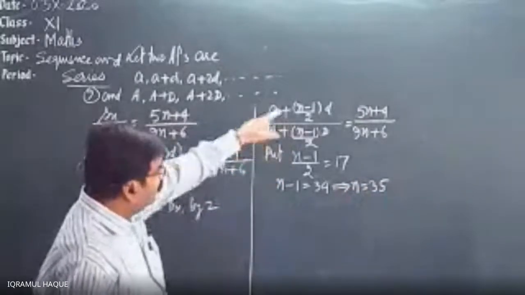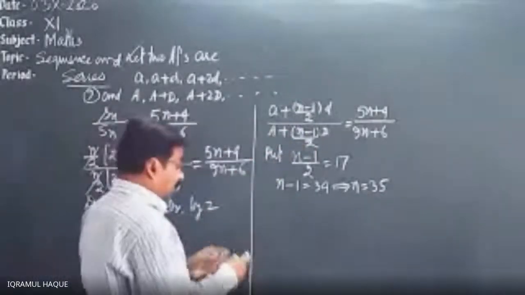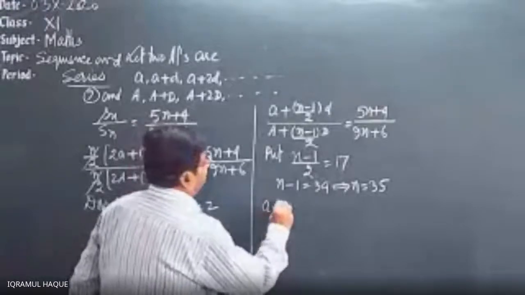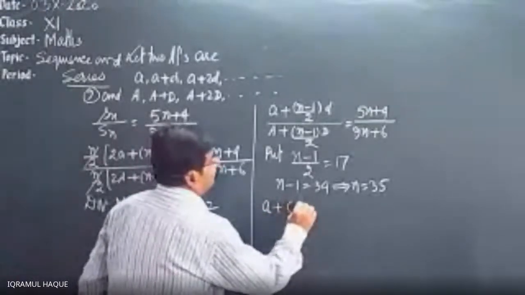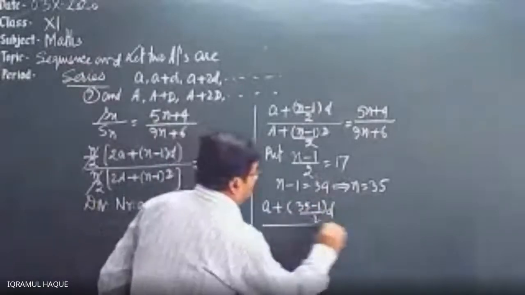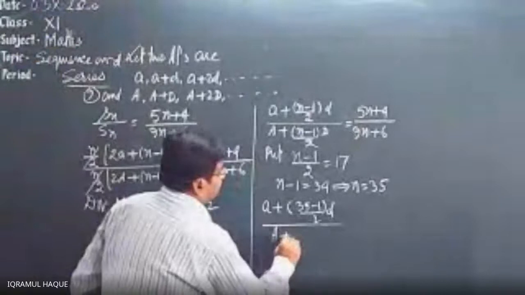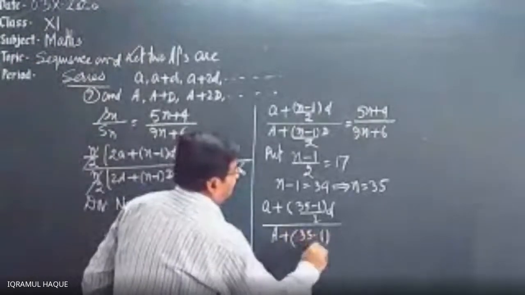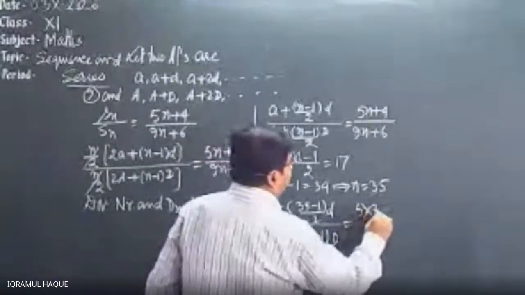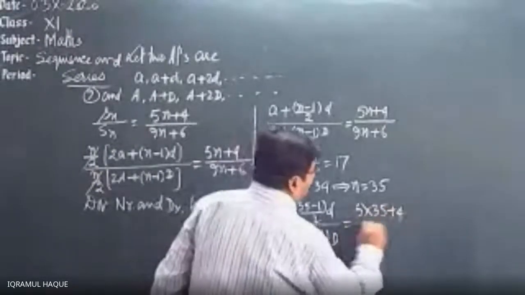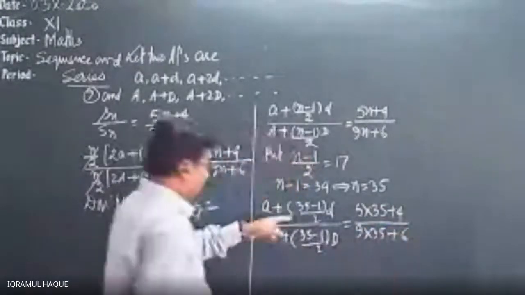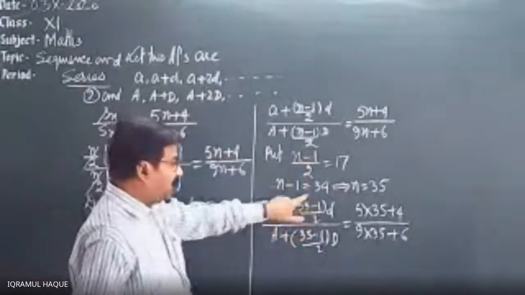Now, write the value of n in this expression. See, I am writing. What we have? a plus 35 minus 1 upon 2 into d upon A plus 35 minus 1 upon 2 into D is equal to 5 into 35 plus 4 upon 9 into 35 plus 6. See, 35 minus 1 is 34, upon 2 is 17.